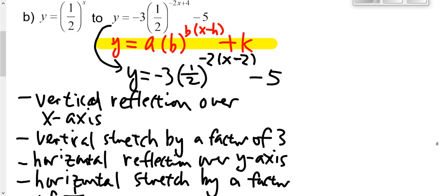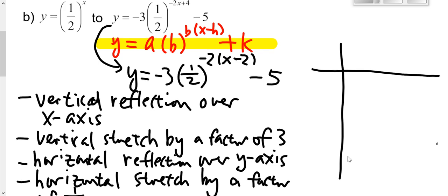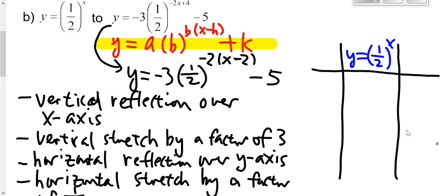So now let's set up the table here, for the two functions. y equals 1/2 raised to the power of x, that's one. And then the other one, sorry, I'm running out of space, y equals -3 times 1/2 raised to the power of -2x.